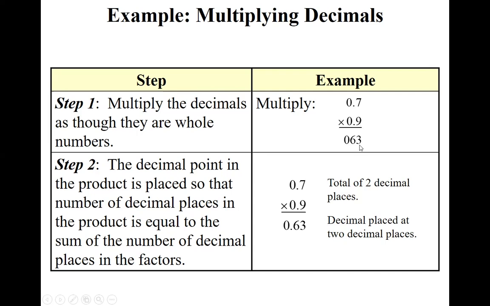So we write our answer with 2 decimal places, 0.63. Notice the decimal point does not line up with where it is in the problem. That's okay. That's expected. That's wanted. 0.63.